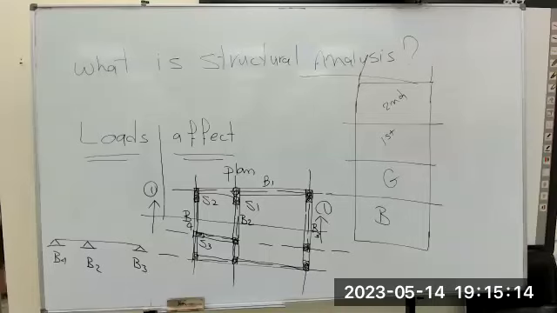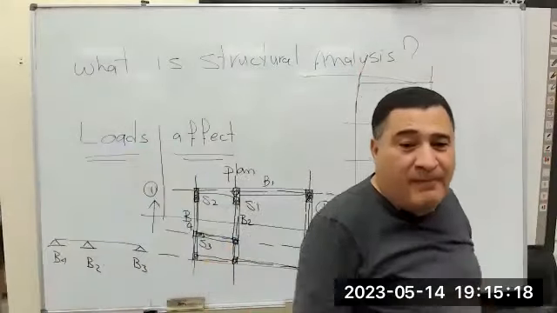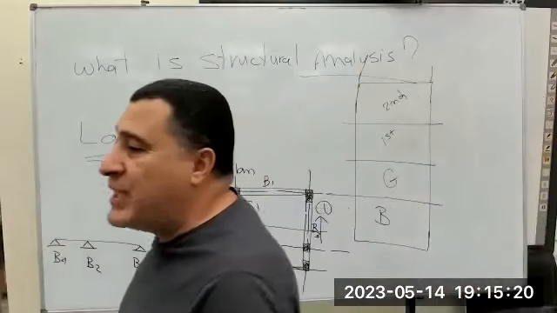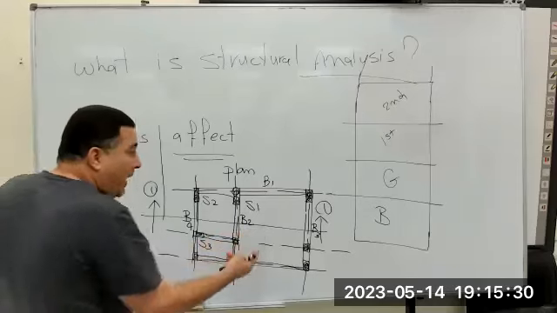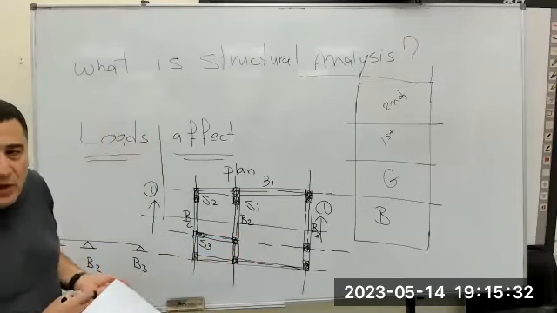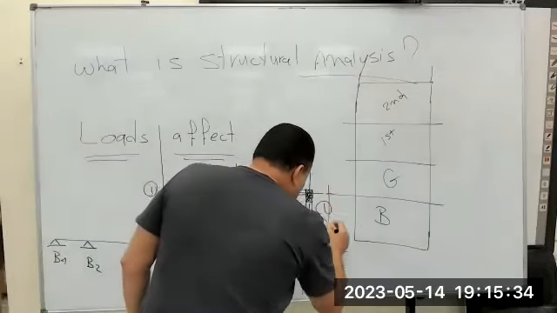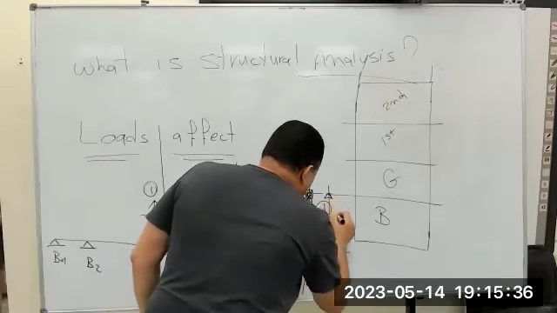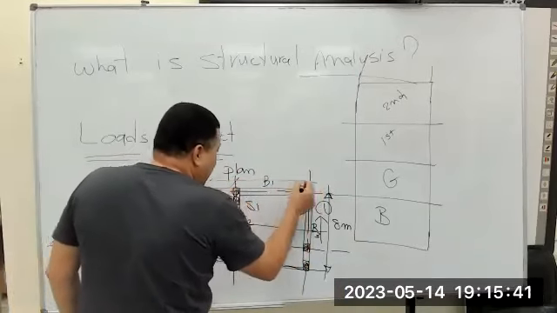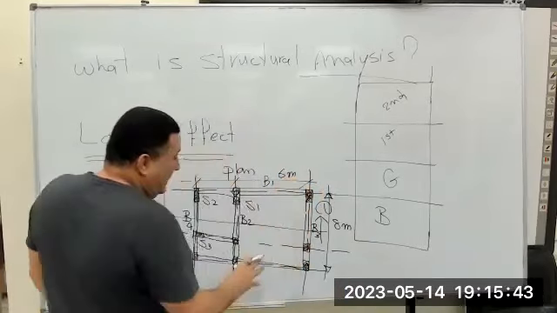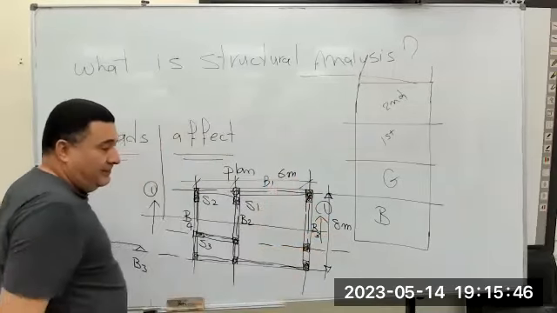Your loads will transfer to the beams. These 4 beams. You remember when we said one-way slab? There's a criterion for one-way slab. We said this slab is one-way or two-way. If I tell you now the distance here is 8 meters and from here to here is 6 meters, this slab is 6 multiply 8.